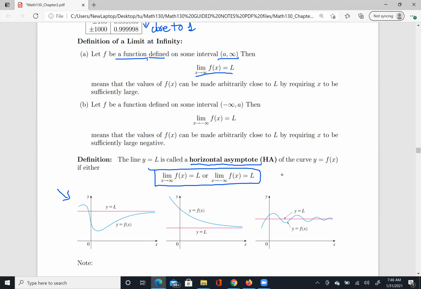You see that the limit of f(x) when x goes to positive infinity will be below, and goes close to L, right?